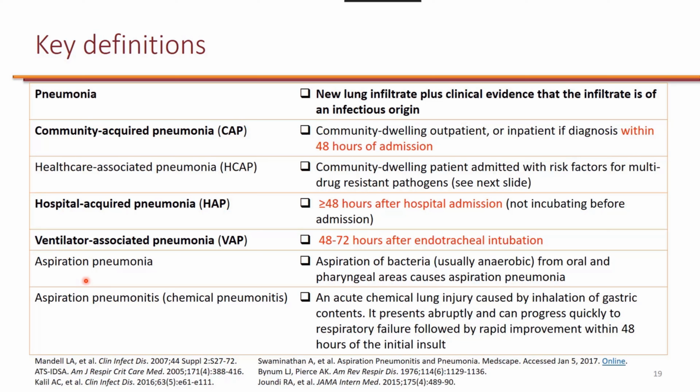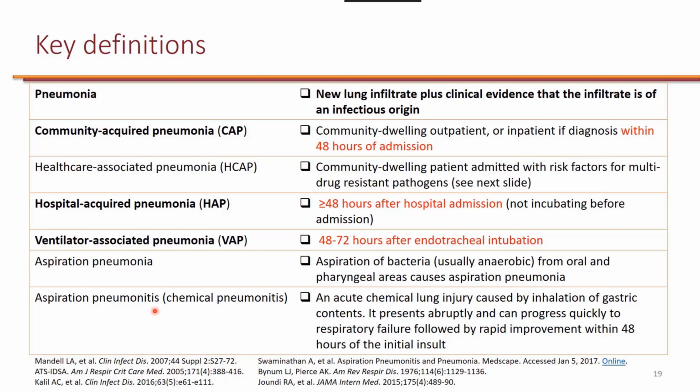Anytime a patient aspirates oral flora and those flora make it to the lungs, it can cause aspiration pneumonia. And these are typically due to anaerobic organisms. And by anaerobic, we're talking about Prevotella or Peptostreptococcus and things like that. We are not referring to Bacteroides or Clostridia species.